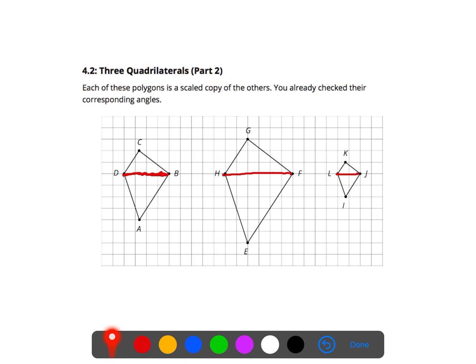And so to find these distances, we would just count the square units that line follows to give a measurement. If we're looking the other direction, vertically, it wants to know distances that correspond to AC. So AC would go vertically through the shape. We'd be comparing that to EG and IK in the other two figures.